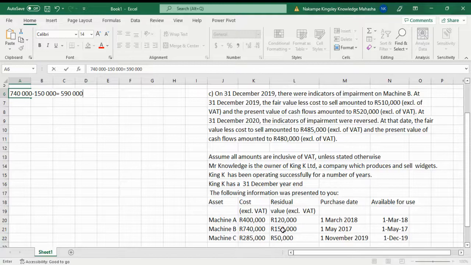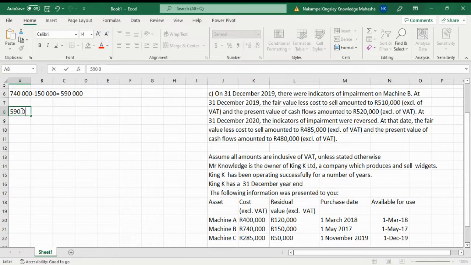This 590,000 is the depreciable amount. It's the amount that we can depreciate, because we cannot depreciate our residual value. That is the amount that we are going to sell our asset for.